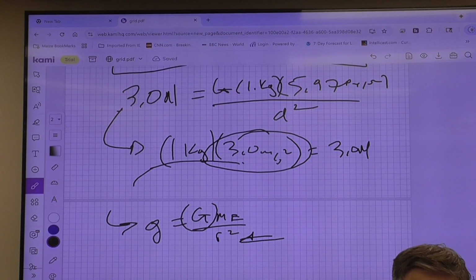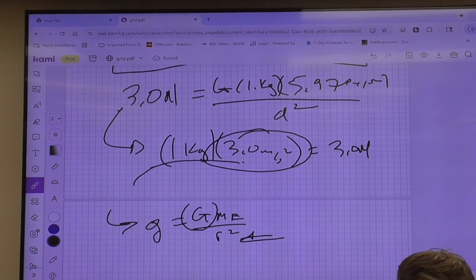So that answer to number 2 should be something times 10 to the 7th. Obviously, you have to be a long way from the center of the Earth for that to happen. Cool with that?